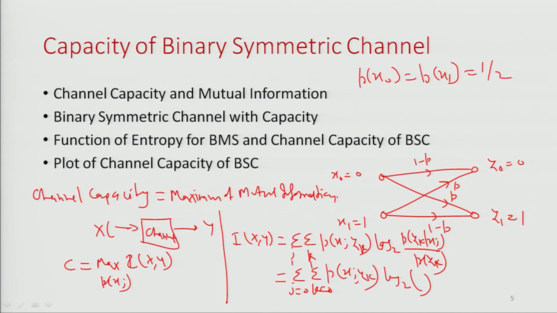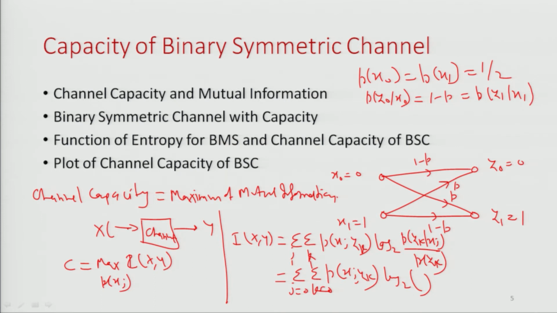Here in the given binary symmetric channel, we can see that the probability of y_0 when input is x_0 is given, that is nothing but 1 minus p, and this is also equivalent to the probability of y_1 when x_1 is given.